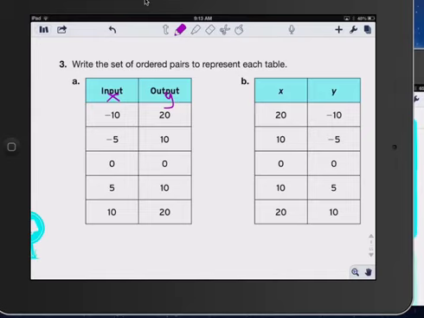One for A is not a function. Two for B is not a function. Which letter is not a function? A or B?